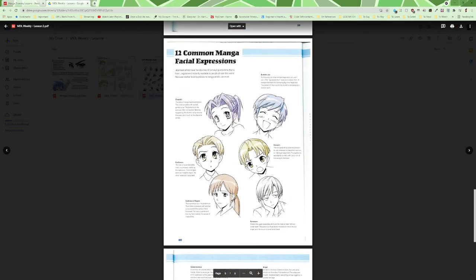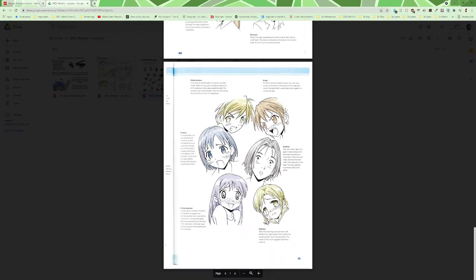It's kind of funny, all of these look similar in style with the exception of the surprise, which very clearly looks like a character from the manga Monster, by the same guy who did Billy Bat and 21st Century Boys. That is a very distinct surprised face, which is always fun.